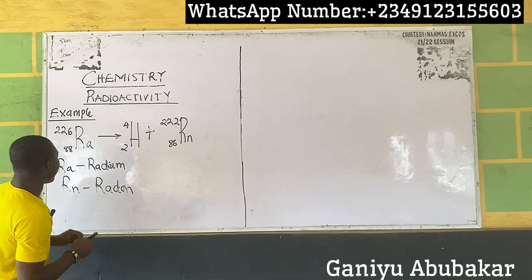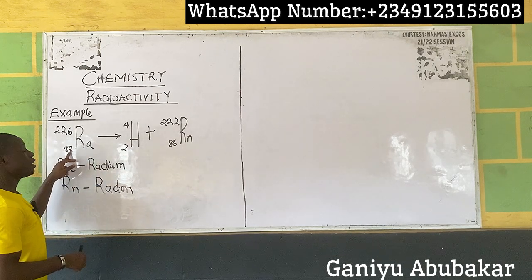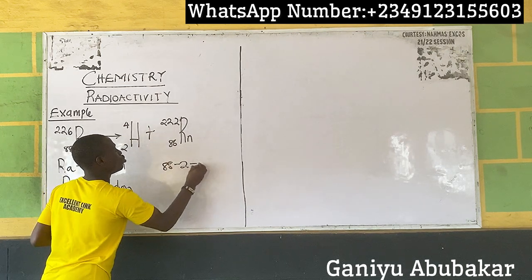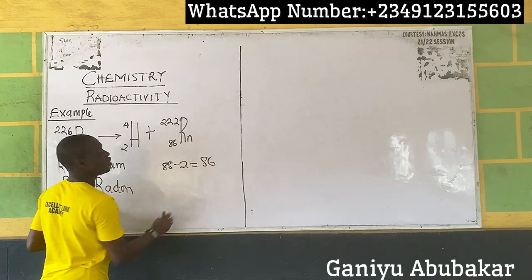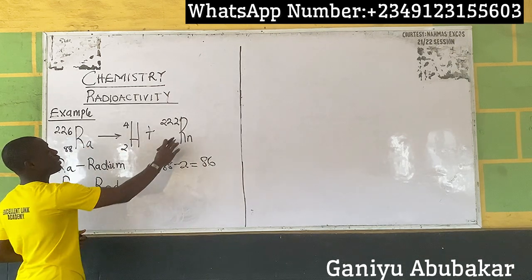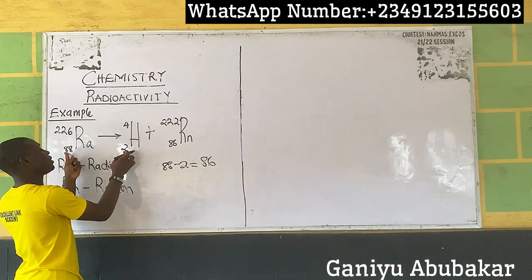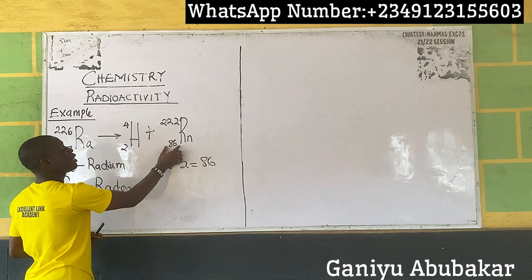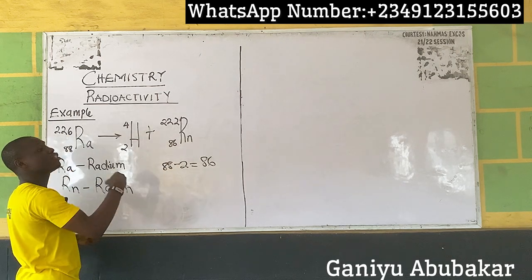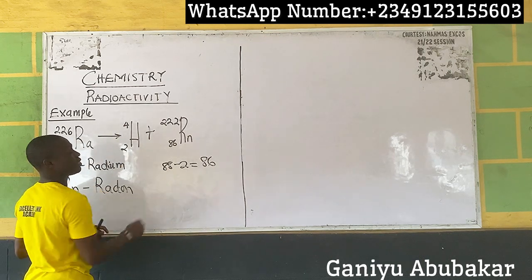Sorry, I made a mistake. I said 88 minus 2 should give about 86, not 84. So I have 86 here. The atomic number of an element under alpha decay is reduced by 2, so we subtract 2 from 88 to get the answer.